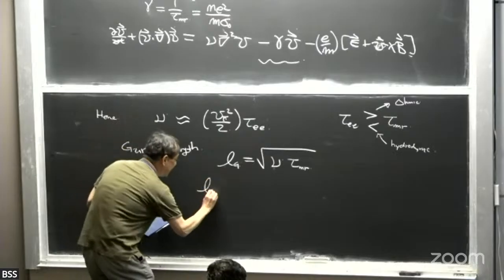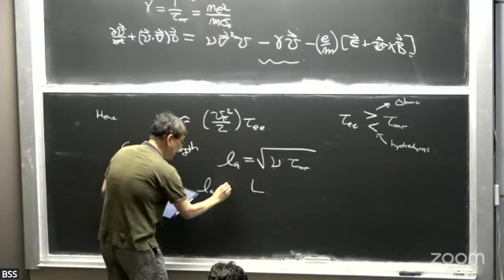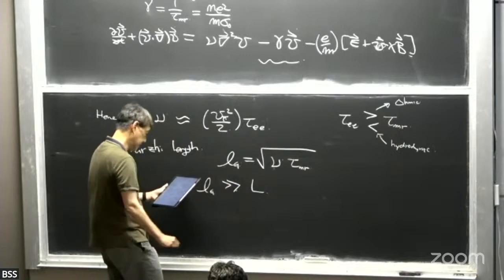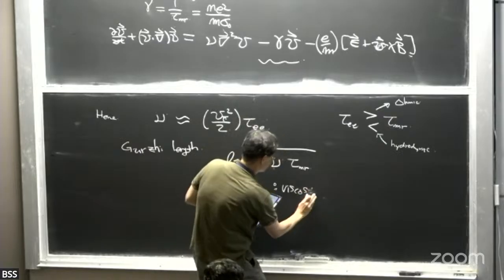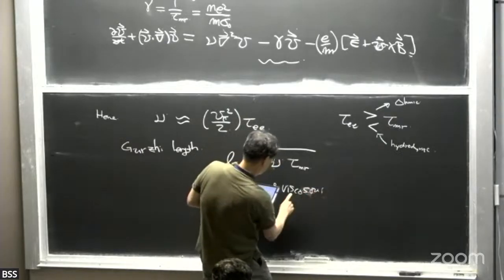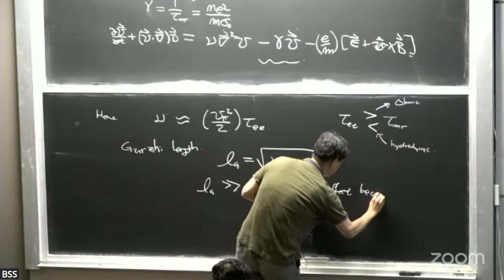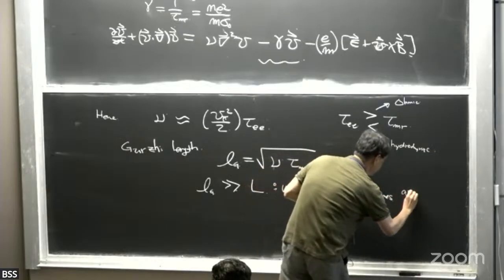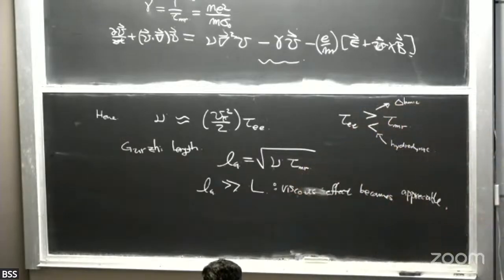So often, when L_G, the Gurzhi length, is compared with the characteristic size of the system, this is where the boundary effect becomes appreciable. I will show you a few examples of experiments to show what exactly it means. So basically the comparison of the size with the Gurzhi length becomes important.